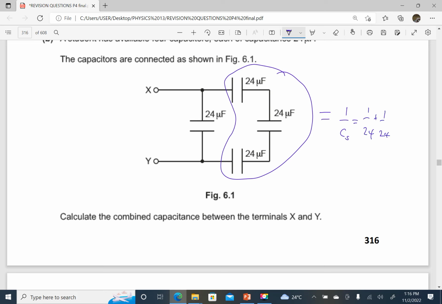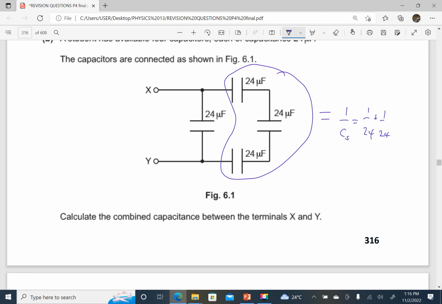That means we get a reciprocal, so the capacitance in series is going to be 24 over 3, which is actually 8 microfarads.